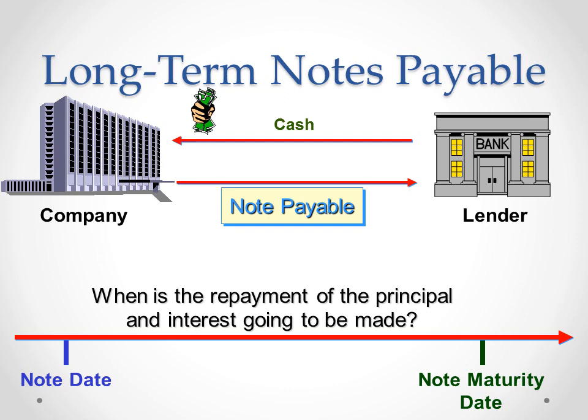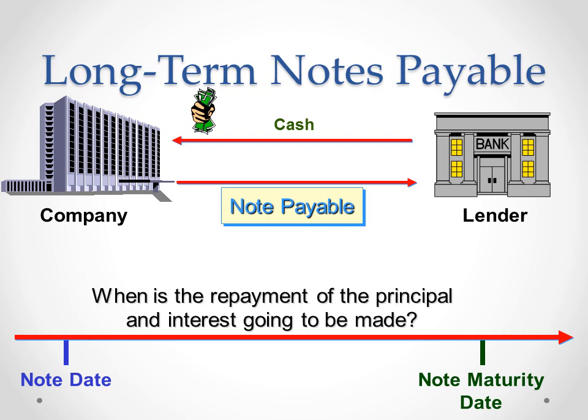As illustrated here, the company will borrow money from the lender. The bank may make the company sign a note to indicate that the company has borrowed a certain amount of money. And in return, the company will get cash from the bank, from the lender.